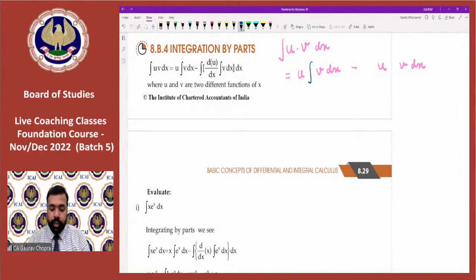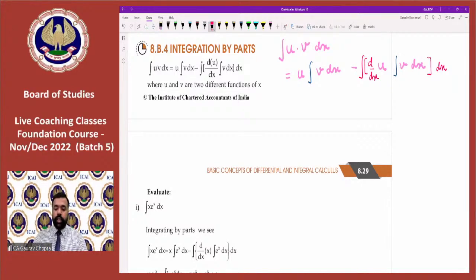Here also between u and v, this is the integration symbol. Now the next step is we have to write one more integration symbol after the minus sign. After the minus sign, put integration, then also put one bracket, then d by dx, then bracket close, and then again dx. So this becomes the formula of integration by parts.